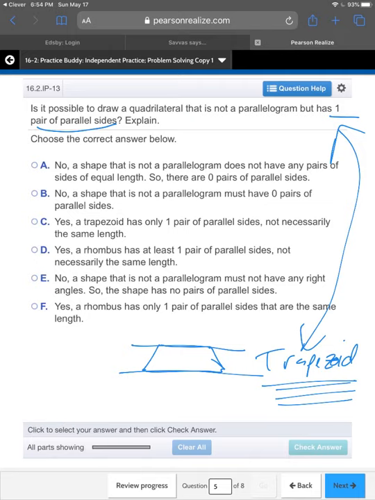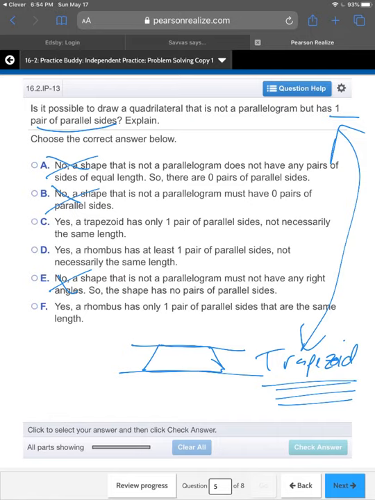So where it says no, no, no, and then no, choose the correct answer below. It can be C, D, or F. I don't know if this is multi-select or not, but it should be. Yes, a trapezoid has only one pair of parallel lines, not necessarily the same length. Yes, a rhombus has one pair of parallel? That's not true.